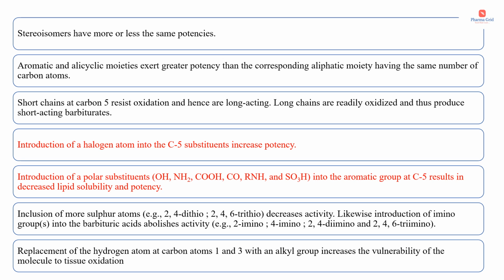Likewise, introduction of imino groups into the barbituric acids abolishes activity, for example 2-imino, 4-imino, 2,4-diimino and 2,4,6-triimino. Replacement of the hydrogen atom at carbon atoms 1 and 3 with an alkyl group increases the vulnerability of the molecule to tissue oxidation.